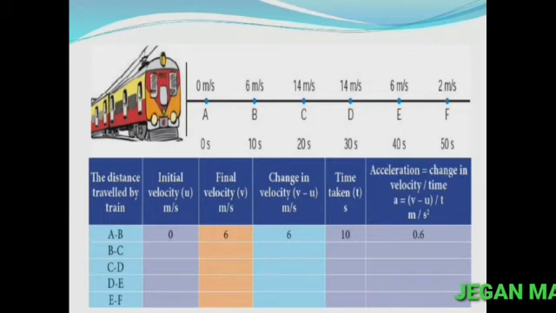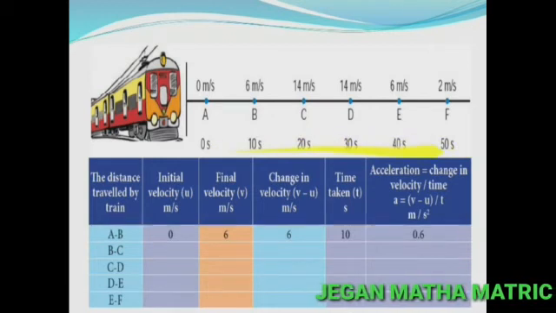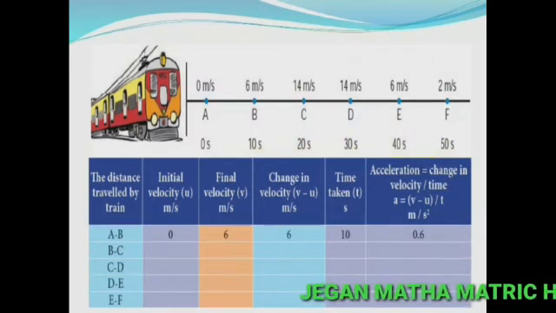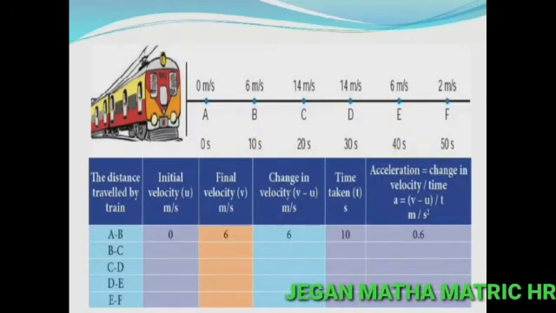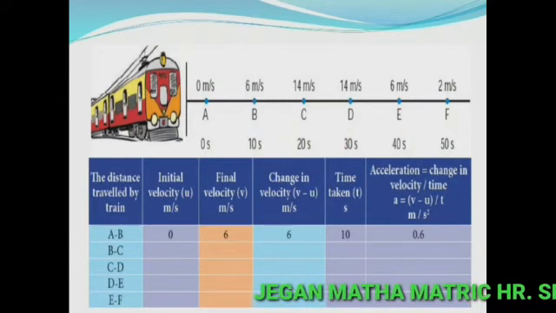Then change in velocity: v minus u, 6 minus 0, we get 6. Then time taken, 10 seconds. See the time, it increases 10, 20. So the time interval between each station is 10 seconds.